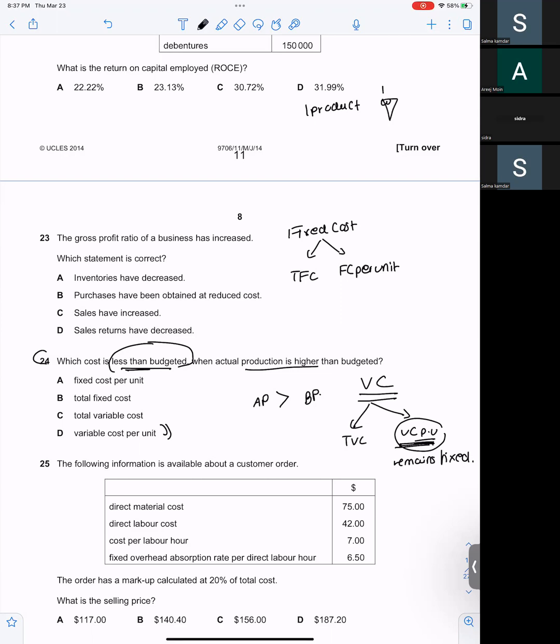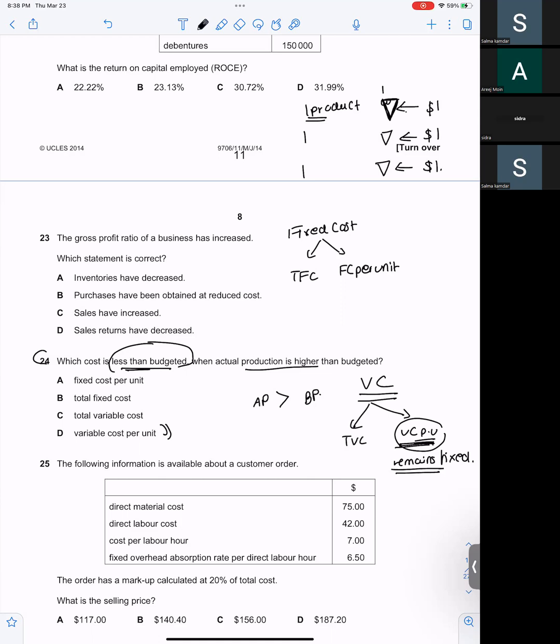If I'm making one ice cream, to make every ice cream I would need this cone. And to make one cone, maybe I'm spending $1. So for every product that I increase, I have to spend $1. So variable cost per unit always remains fixed.